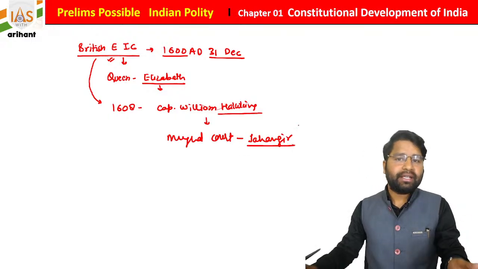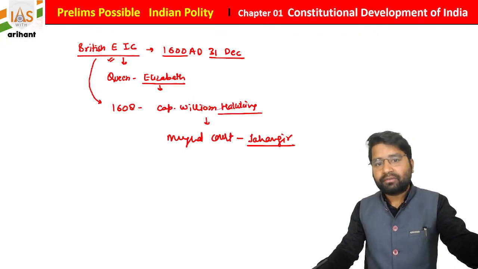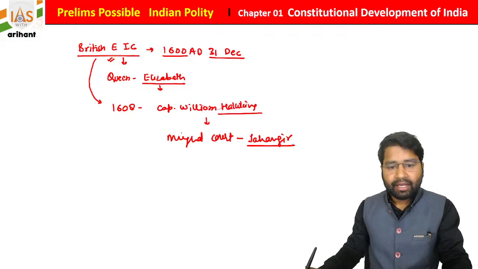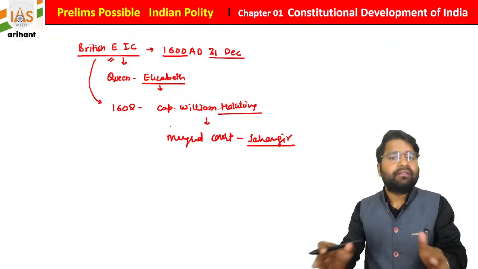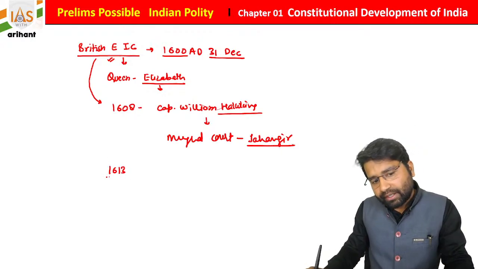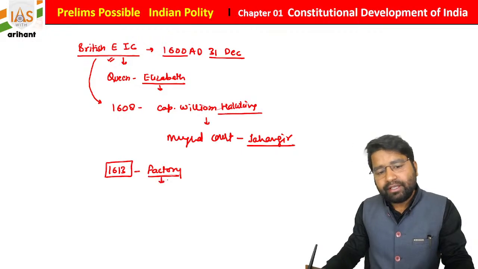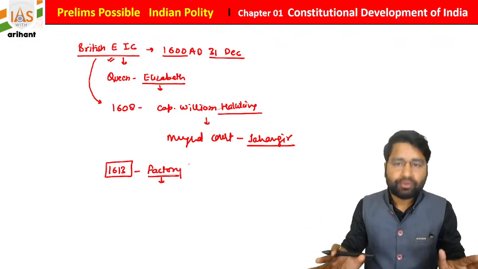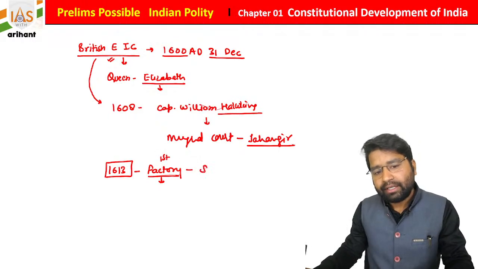After meeting Jahangir, he wanted to get an order granting rights from the Mughal Badshah, and Jahangir gave him limited rights. After that, when Thomas Roe came, they got more rights, and in 1613 they established their first fully owned factory. A factory is basically a place where goods are stored. The first factory was established in Surat.